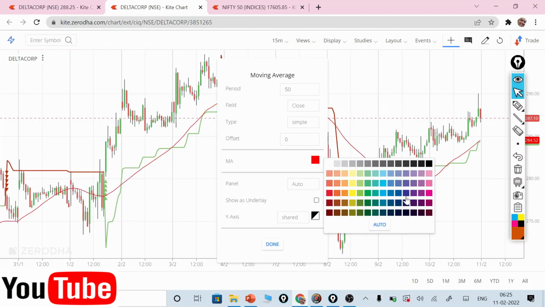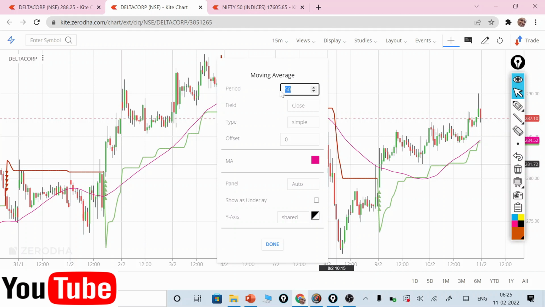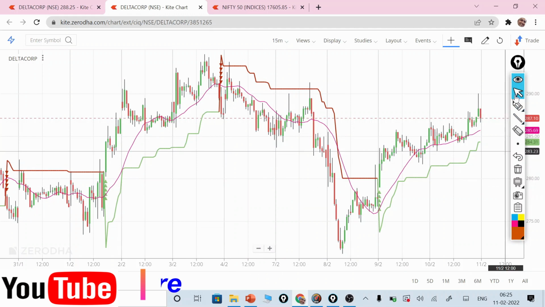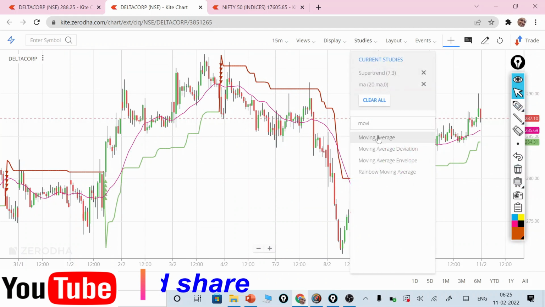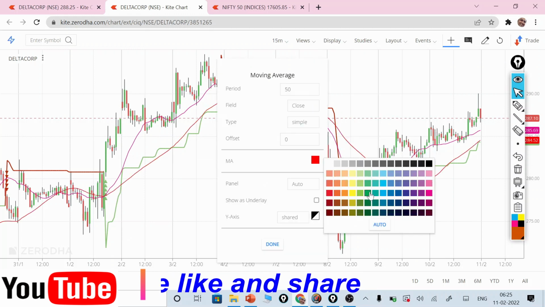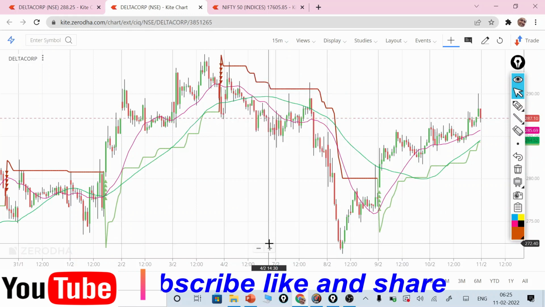I am using some other color, short term pink I will use, that is 20 day. You should remember pink is short. Now in studies I will put one more moving average in green color, 50 days. Done.